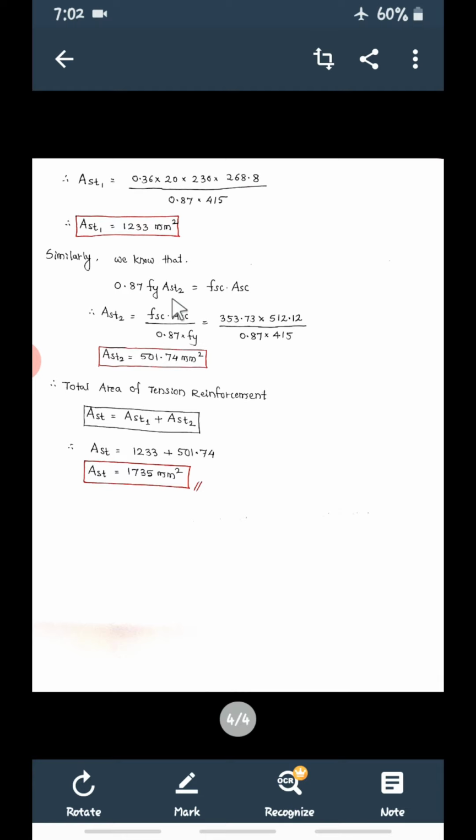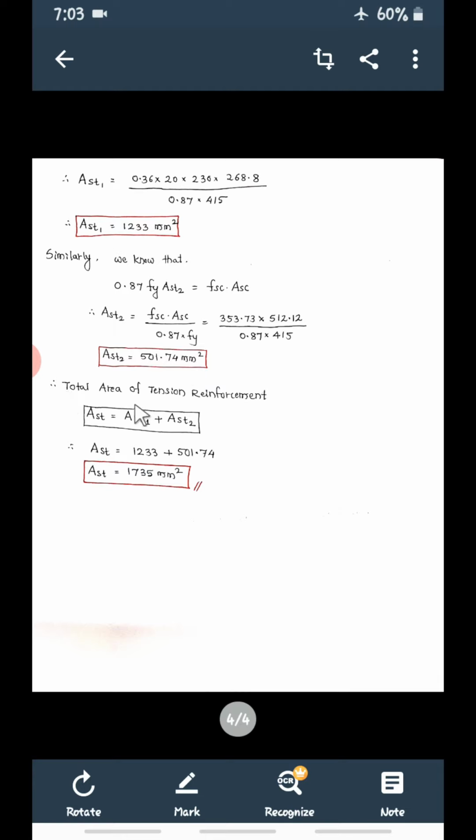Therefore AST2 is equal to Fsc into ASC divided by 0.87 Fy. Substitute the values, so AST2 is 501.74 mm square. So this is AST1, this is AST2.